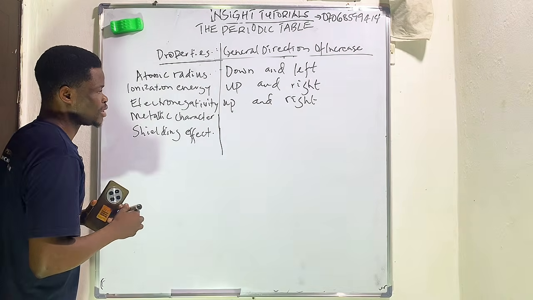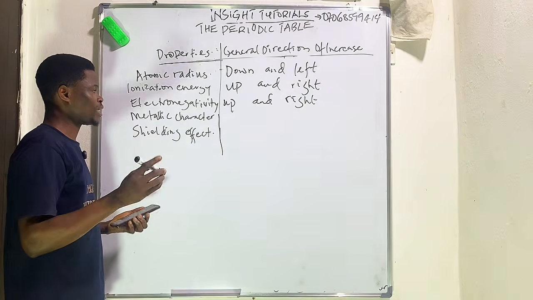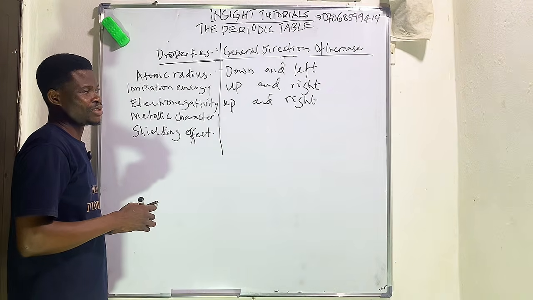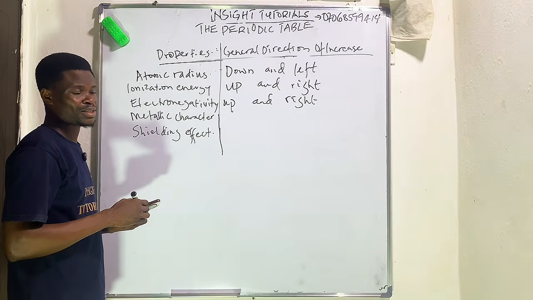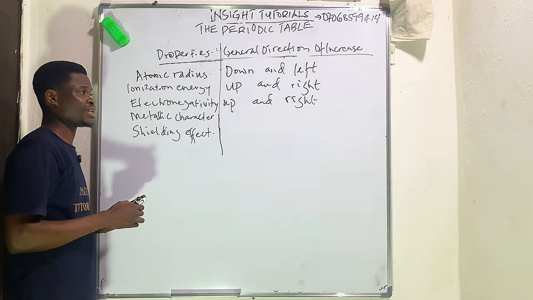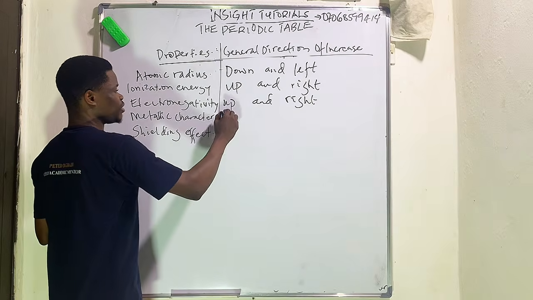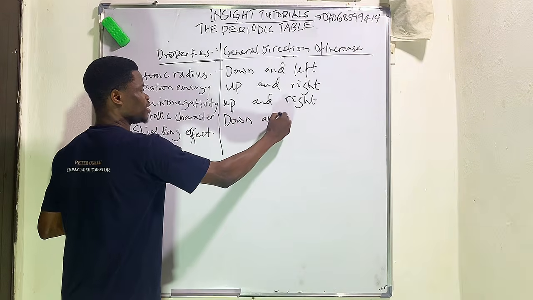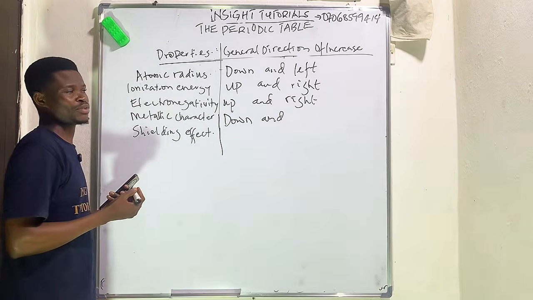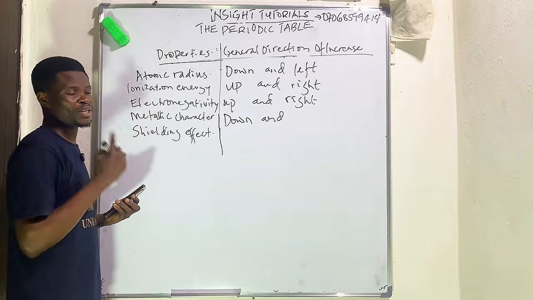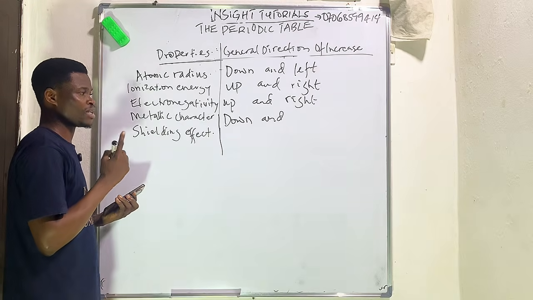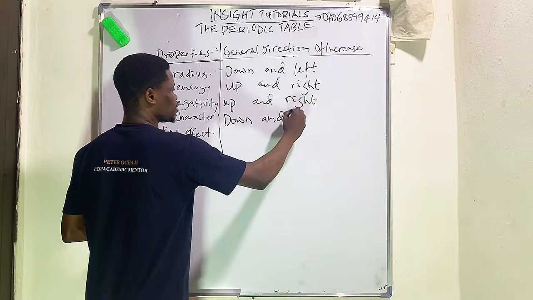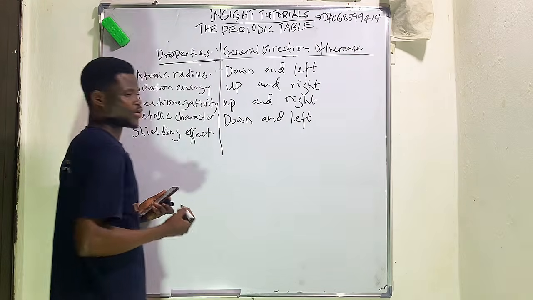All right, metallic character, we all know. In terms of group, where does metallic character increase? Down the group. And in terms of right or left, where is the place of its increase? Metallic character increases towards the left of the table.